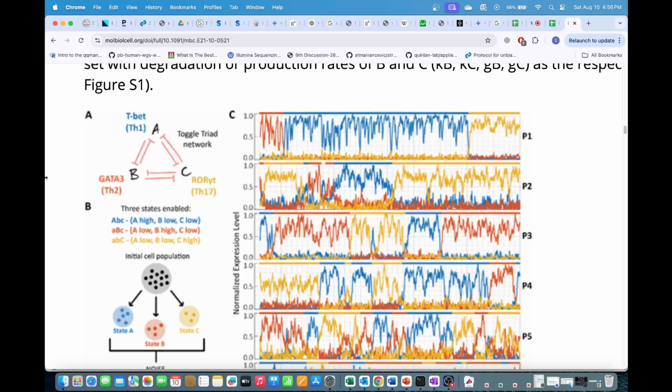If the T cell is getting converted to Th2, then it is because of this transcription factor, and if it is getting converted to Th17, it is because of this transcription factor. But all these transcription factors negatively regulate each other. So if one is getting expressed, the other two won't be getting expressed.